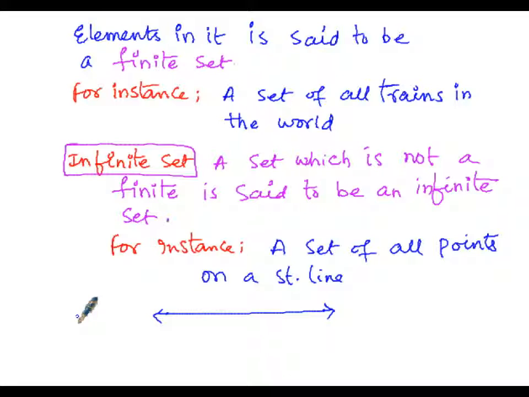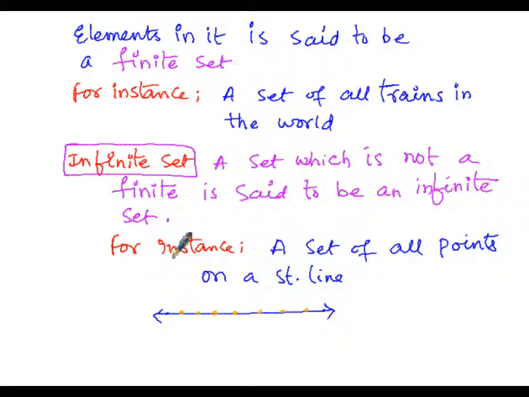So the number of points upon this line is infinite, because it can be extended on either side indefinitely. Therefore the set of all the points lying on this line is infinite in number, and it will come under the infinite set.